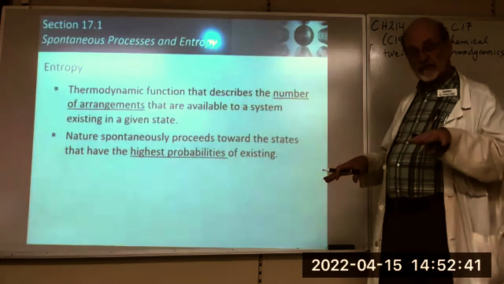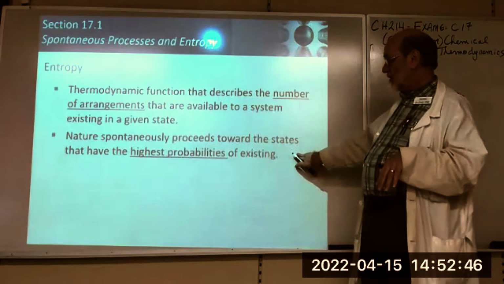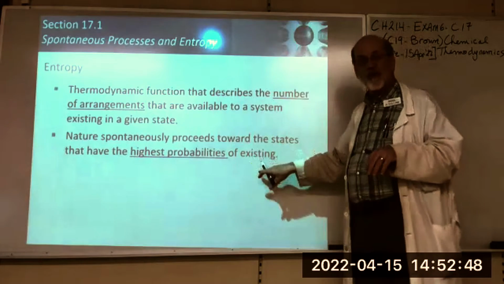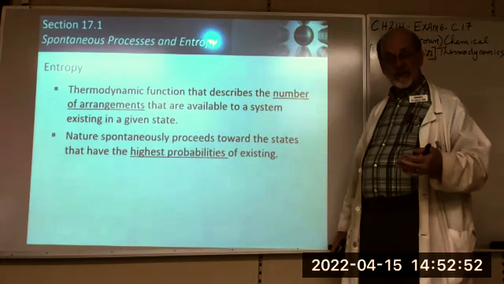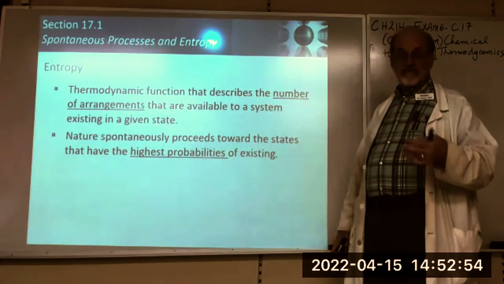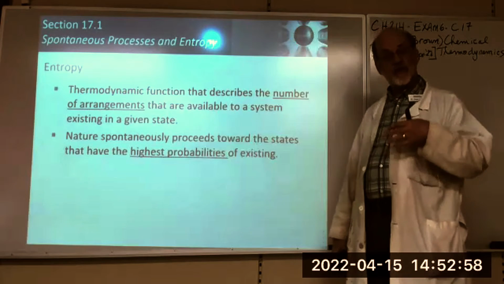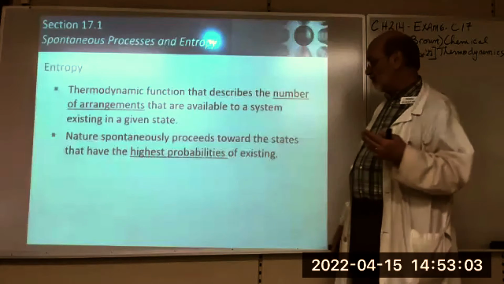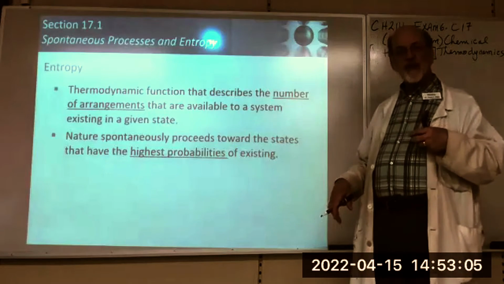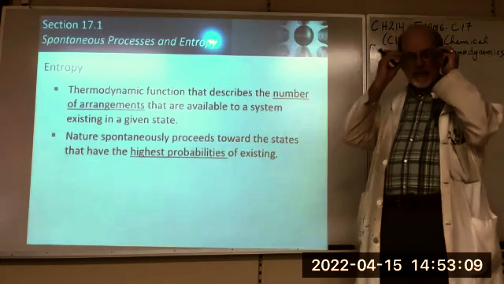As a general rule, nature spontaneously proceeds to the states that have higher probabilities of existing. If it's more probable, and we just said that entropy must be positive for the process to be spontaneous, that means it must proceed so that you have higher probabilities of these various states existing.